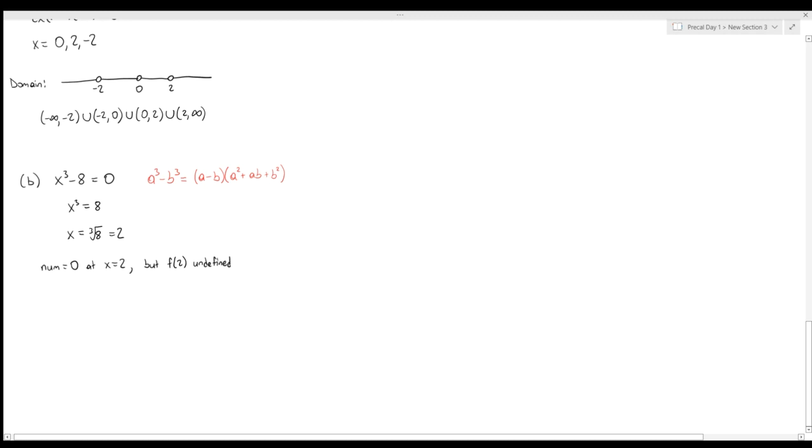So if 2 is not in the domain of your function, then what that really means is that this function actually has no zeros. It should have had a 0 at x equals 2, but it doesn't because it's not defined at 2. So therefore, this function has no zeros, okay?